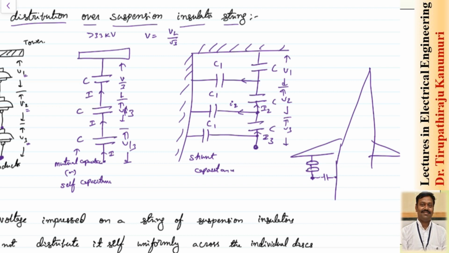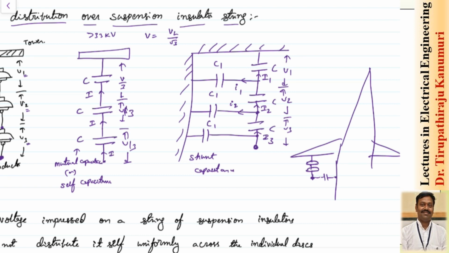Again after coming here, it is divided, and I1 will be passing. Because of this shunt capacitance, you can see the current passing through each insulator is not the same. When the current is not the same, the capacitive reactance multiplied by the current gives the voltage across each. So we can say that the voltage distribution across the string will not be the same.